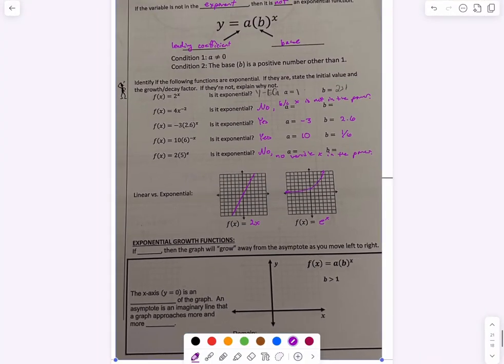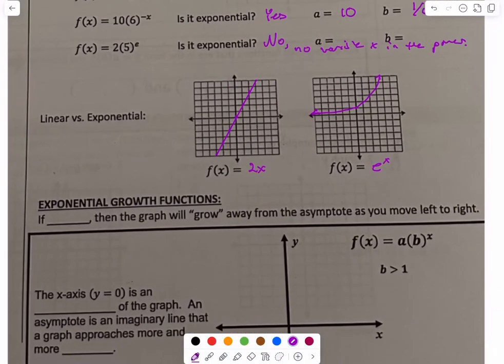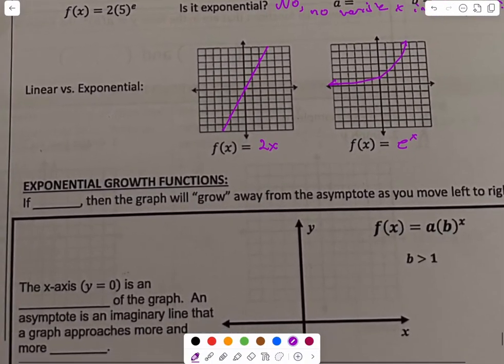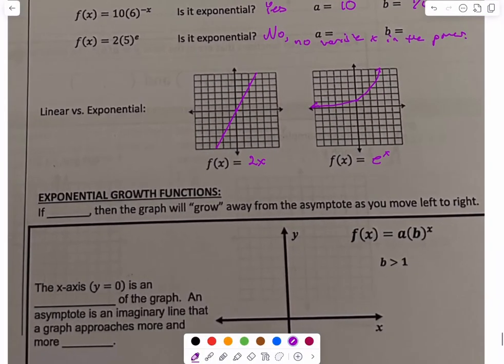If blank, then the graph will grow away from the asymptote as you move left to right.